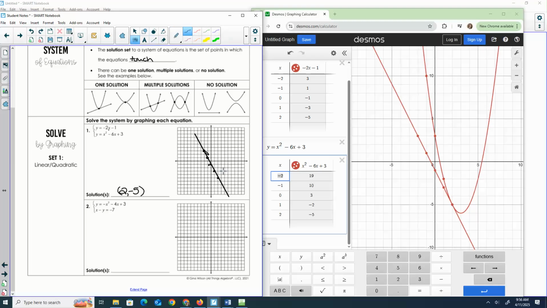And we have (0, 3), (1, -2), (2, -5), and so you can see (2, -5) is the point where they meet.